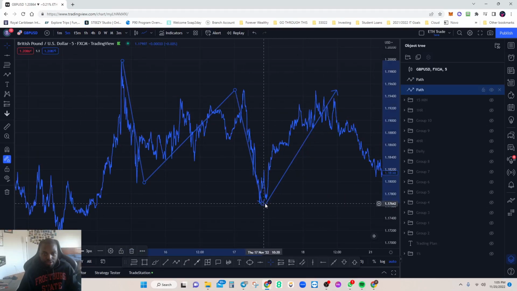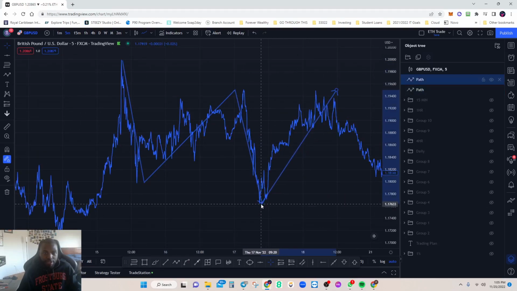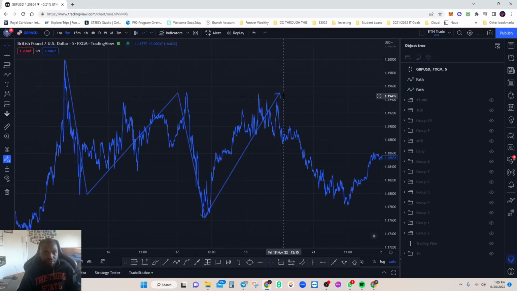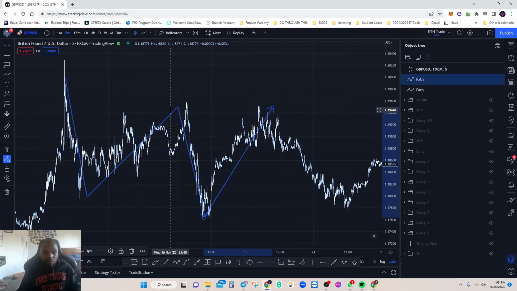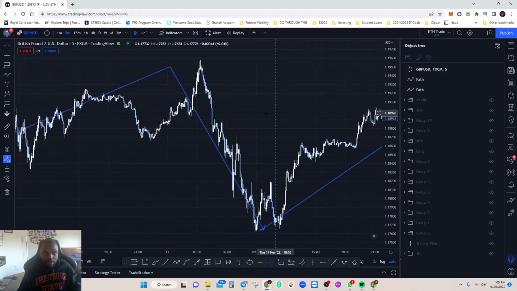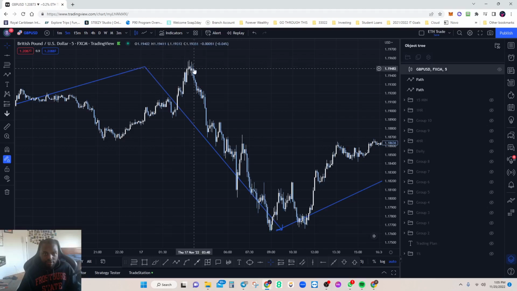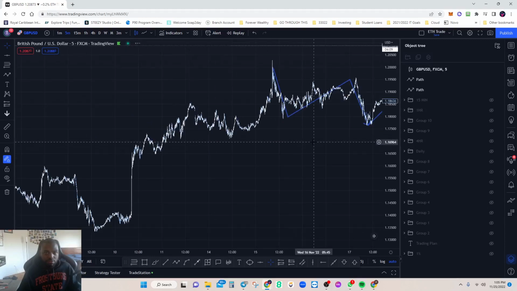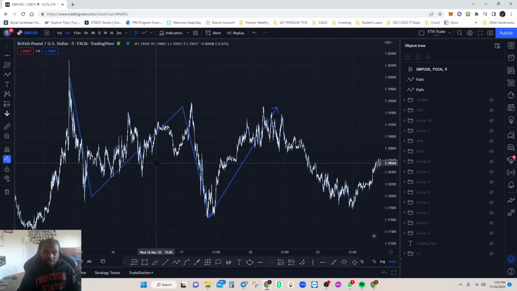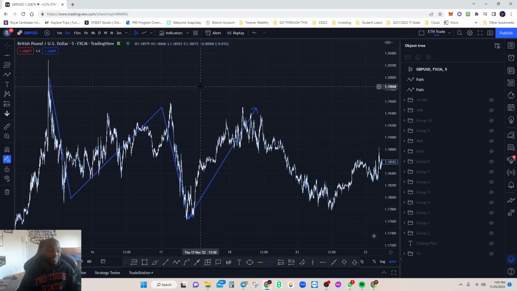When you guys go to the break of structure or change of character video, you'll see what I mean. And then you go right here, and now you know where it closed at. Not the wick, but look at that, it closed right there at the body, not the wick. And those are a stronger confirmation, doing it at the body, not the wick.